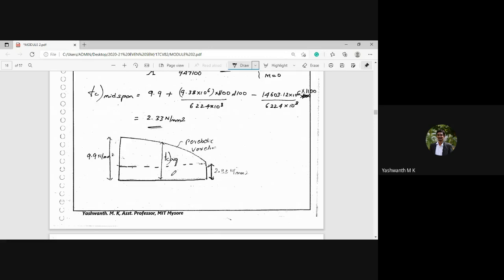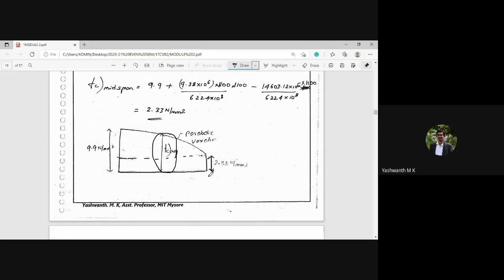So now which one to consider for calculating the loss of pre-stress? For this condition, I will calculate the FC average value, the average of these two. How to calculate? If it is a rectangular section, you would have added and divided by 2, but it is a parabolic shape. How to calculate this? Please observe.